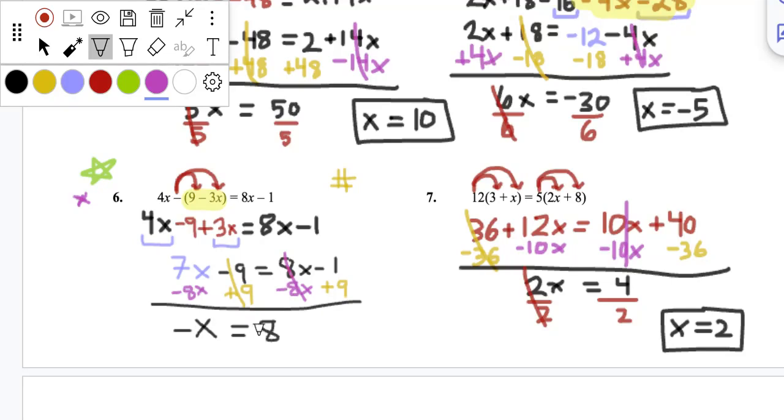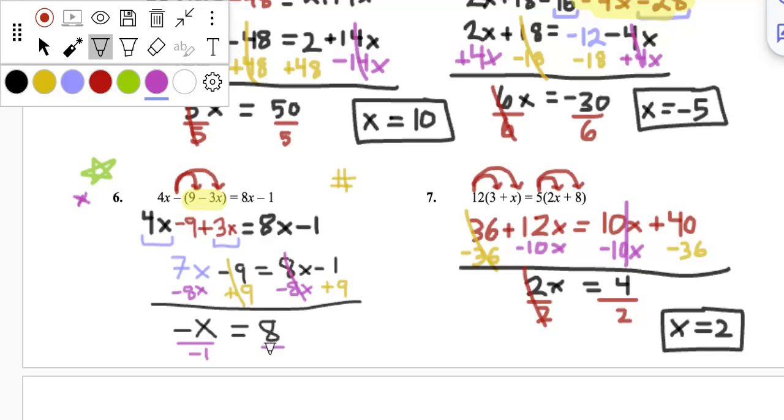If negative x equals positive 8, what does positive x equal? Yeah, it sounds weird. We're going to have to do something to make the signs switch. There's two ways to figure this out. You can either multiply by negative 1 to both sides, that would work, or you can divide by negative 1.